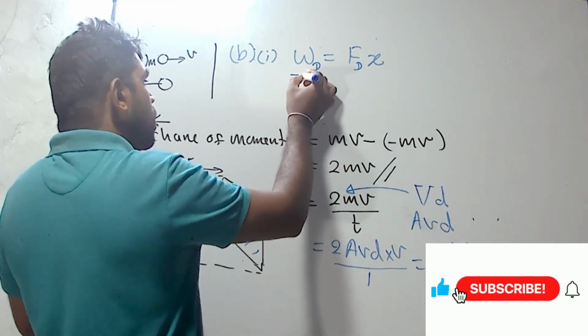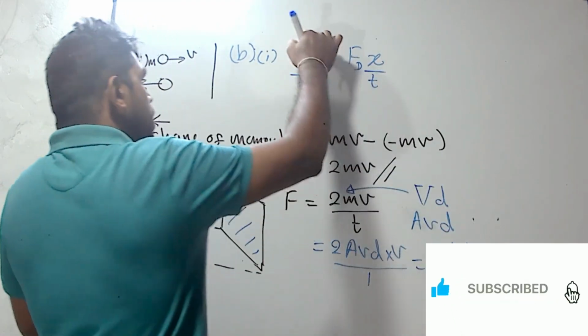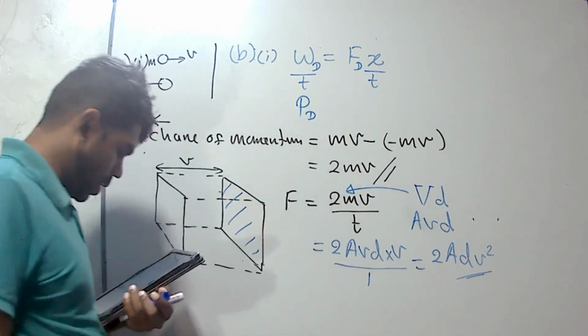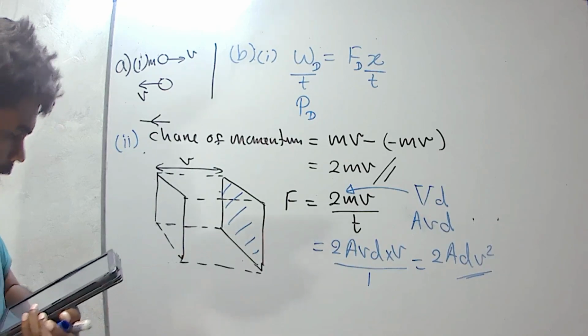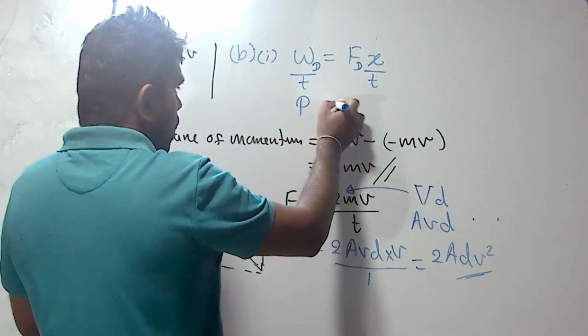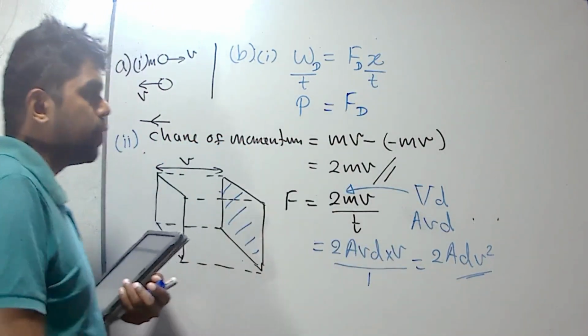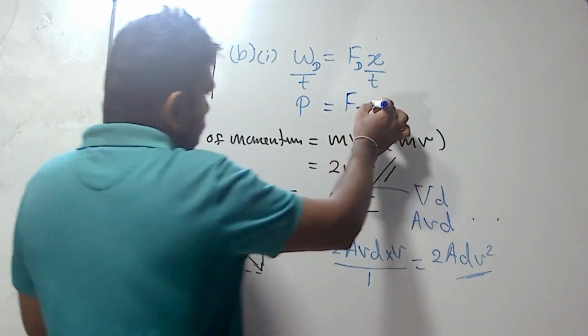Now I will divide both sides by time. Work done divided by time is the power against the drag force. It is given as P. Drag force times distance divided by time means drag force times velocity, where velocity is v.